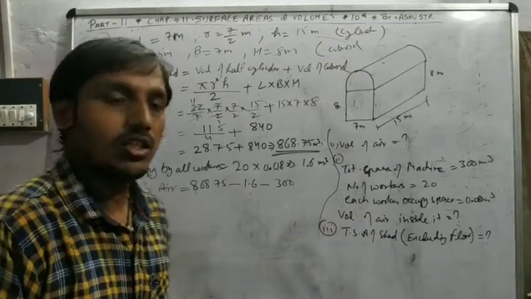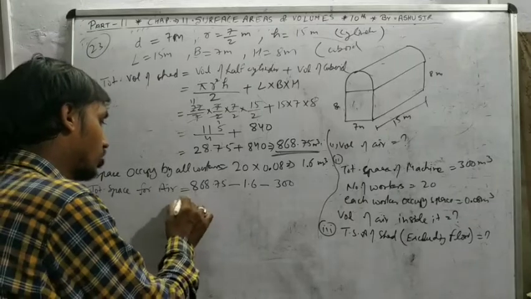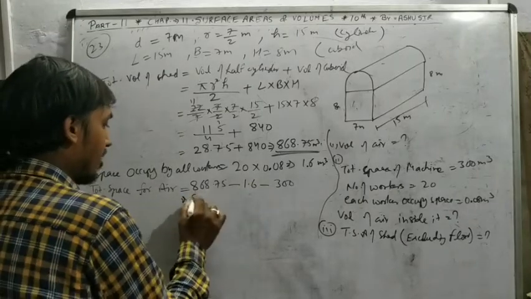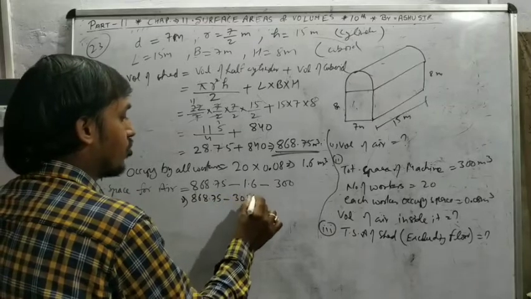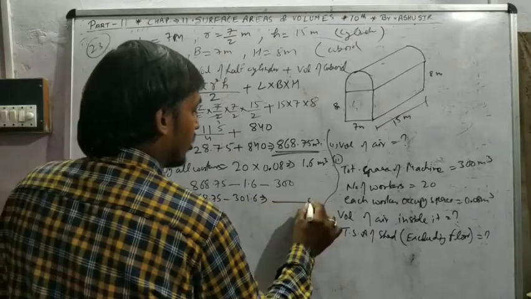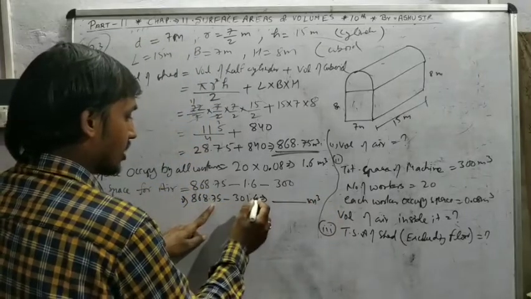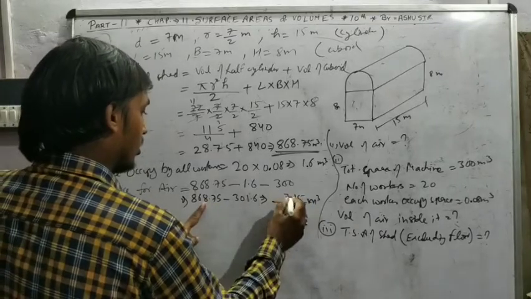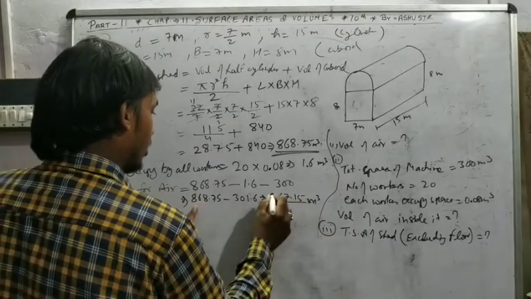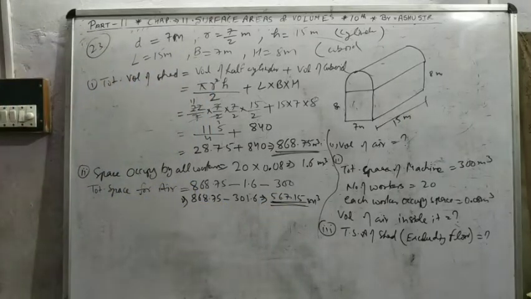We have to think that they are solid. So subtract: 868.75 minus 301.6 gives 567.15 meter cube of air inside the shed.